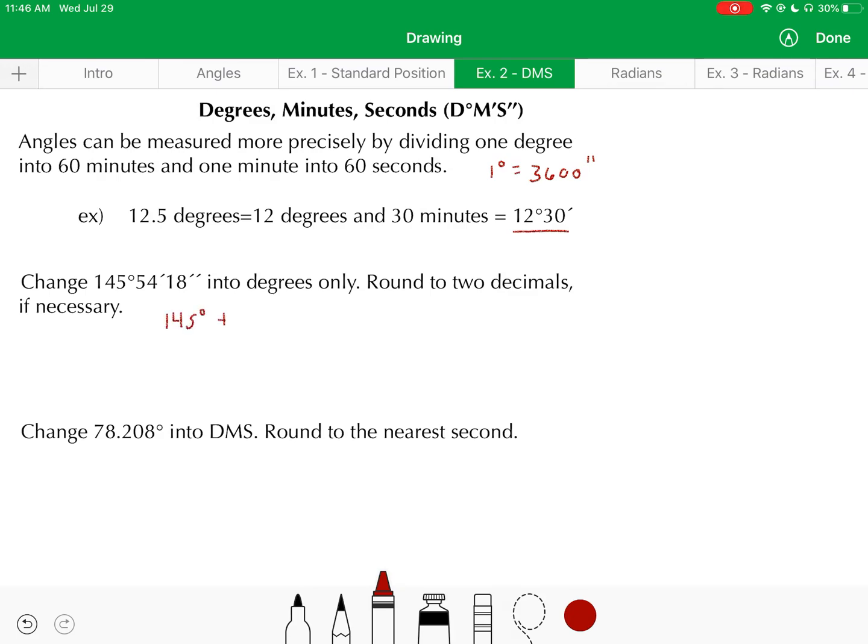I'm going to add it with 54 minutes being multiplied by a conversion fraction of 1 degree over 60 minutes, okay? And then I'm also going to add that with my 18 seconds multiplied by a conversion fraction of 1 degree over 360 seconds.